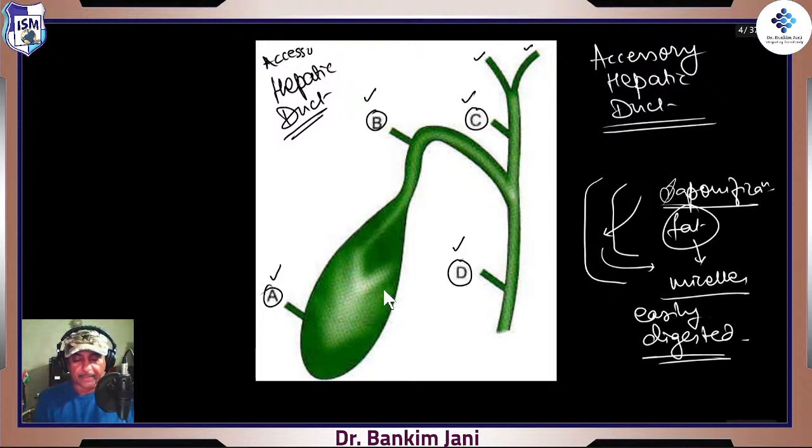Now the importance of it is that whenever there is cholelithiasis, that is stones in the gallbladder, or in cases when there is infection, right? If it is a short interval, that is acute cholecystitis, and if it is a prolonged one, it is called chronic cholecystitis. And classically, chronic cholecystitis may lead to what is called the porcelain gallbladder, right?